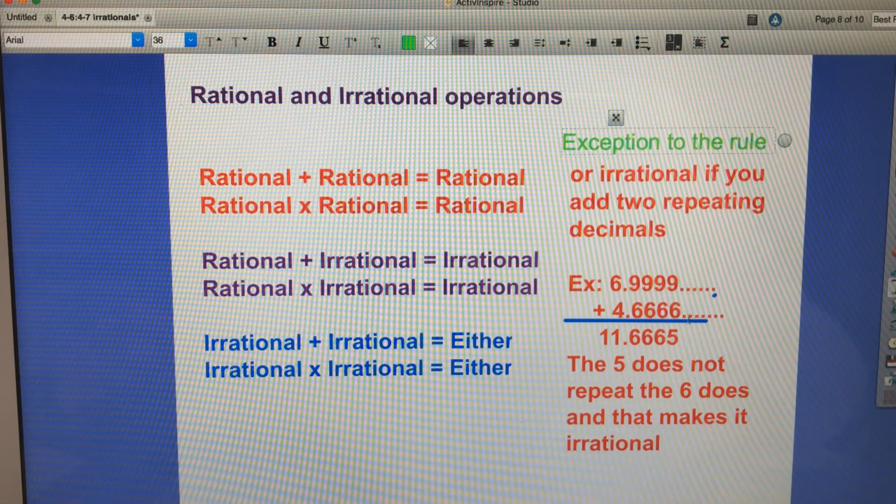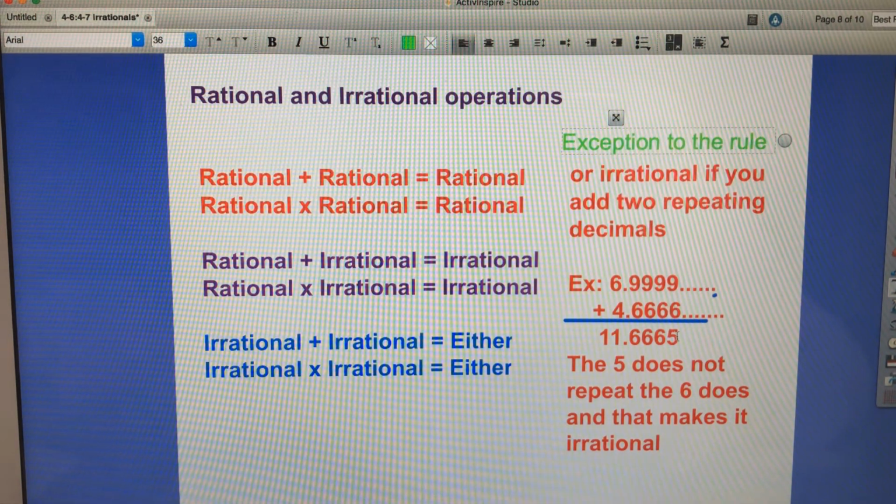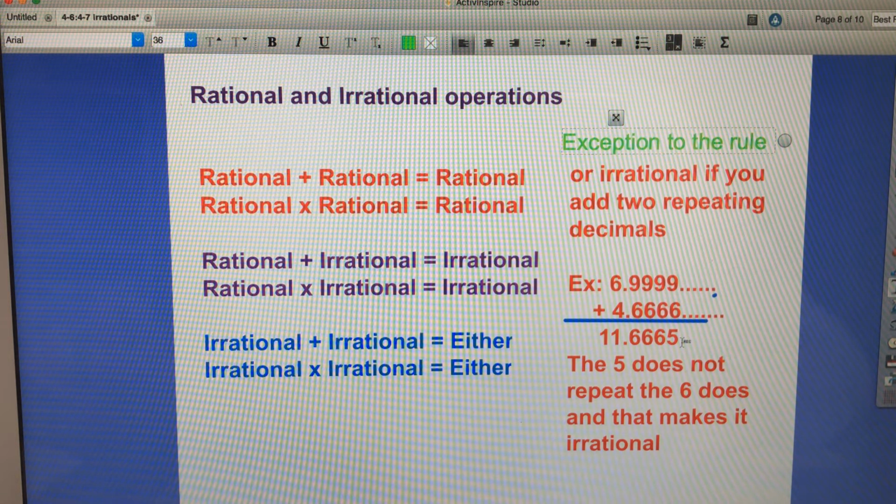These keep repeating. So it's going to go on forever. The 5 does not repeat. The 6 does, and that makes it irrational. So if you have 2 repeating decimals that are going to repeat, you can have an irrational answer.